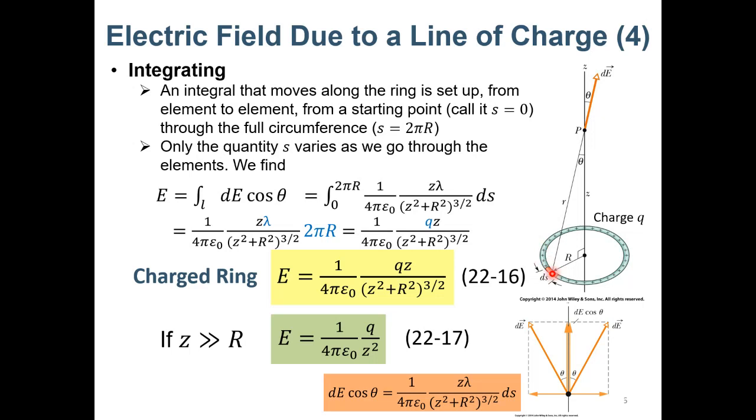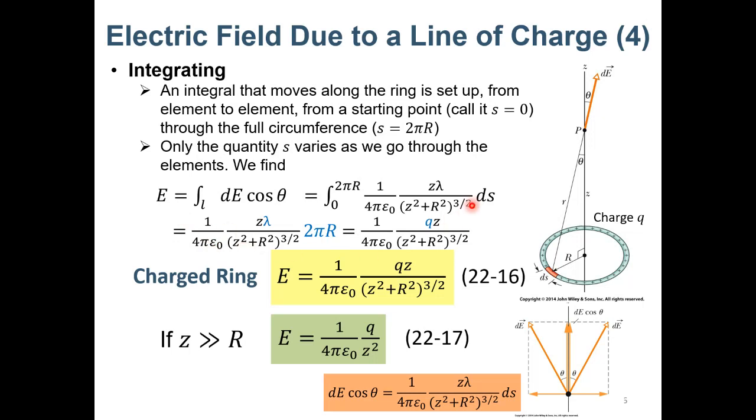What we learned in primary school, so that the integral has a lower limit 0 and the upper limit 2 pi r. So we need to calculate this integral. This is a constant.